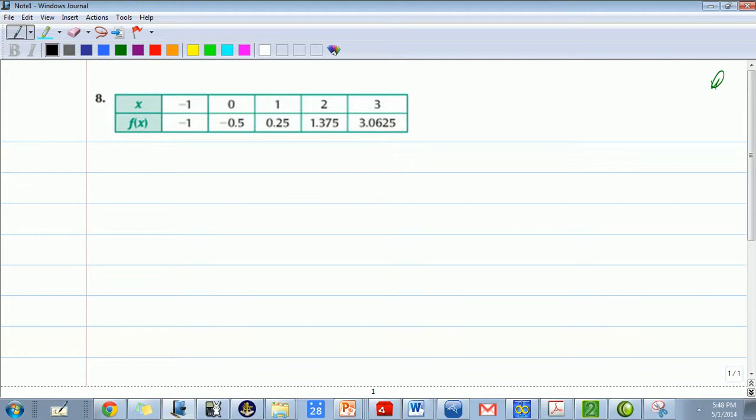First off, when you see a chart that looks like this, we have to understand what our intervals are.